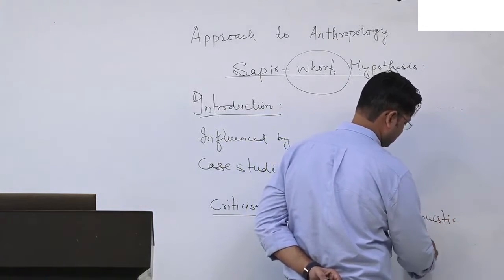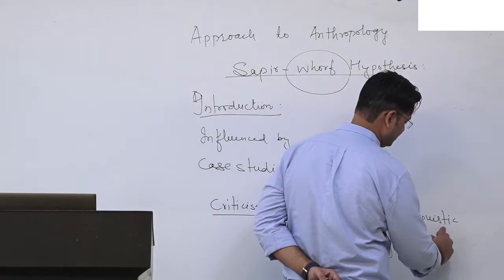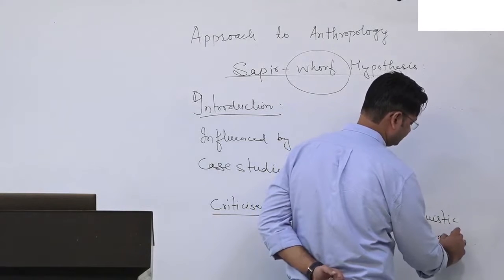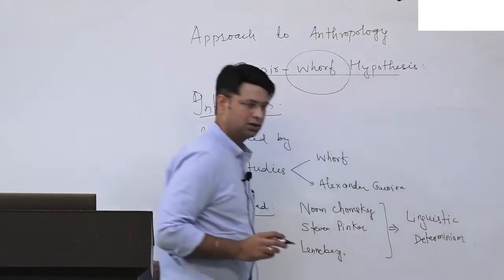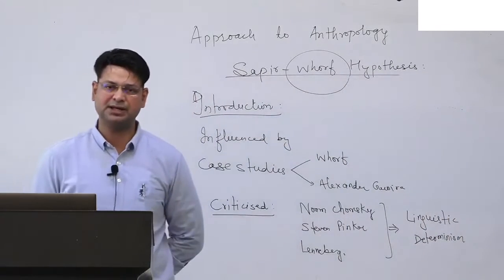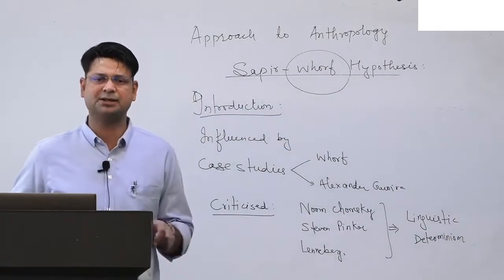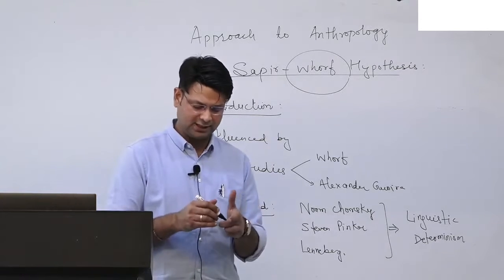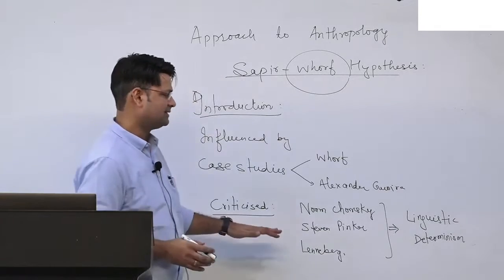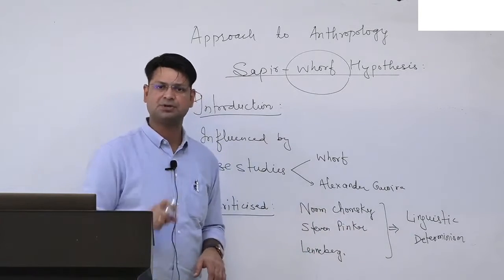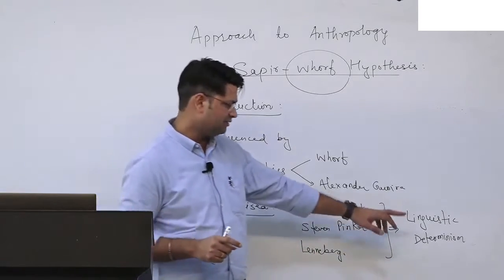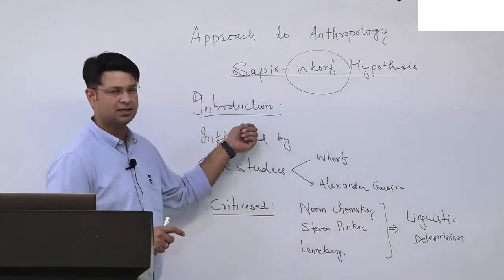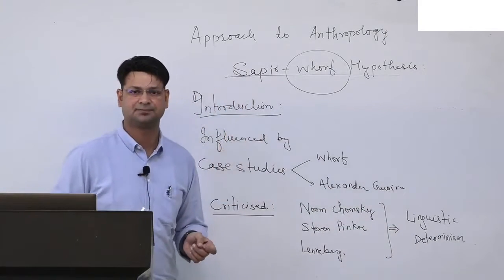They rejected that language determines every aspect of cultural behavior. There can be other factors in the culture that also shape our cultural behavior. How can you completely say that only language shapes our cultural behavior? So this linguistic determinism visible in this hypothesis was rejected, right?